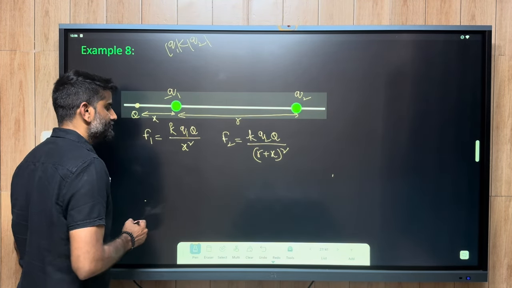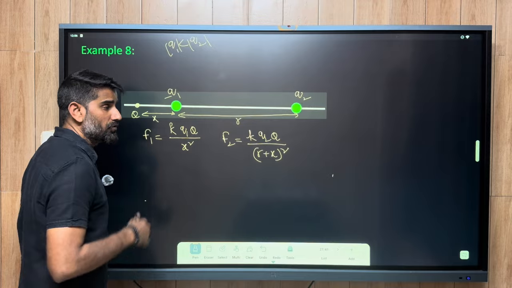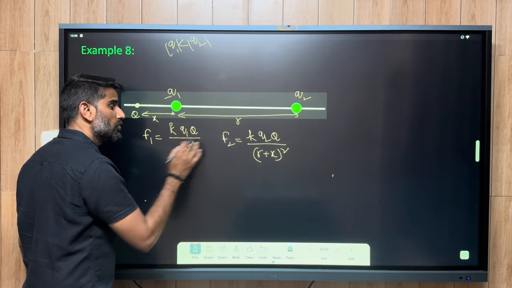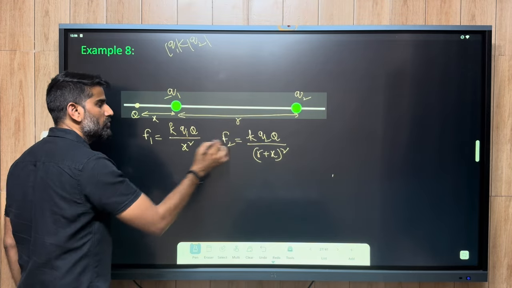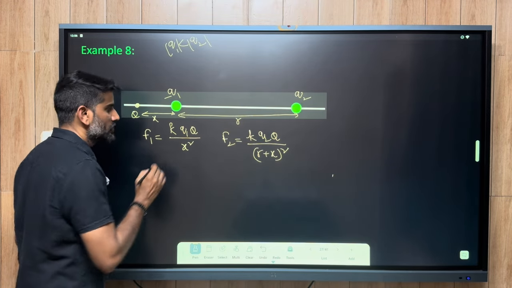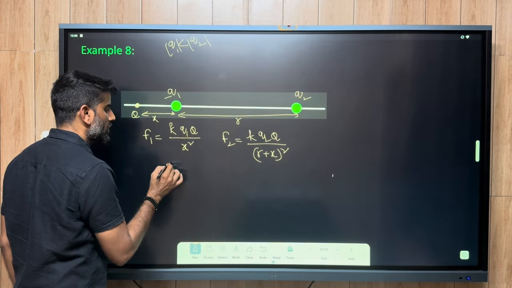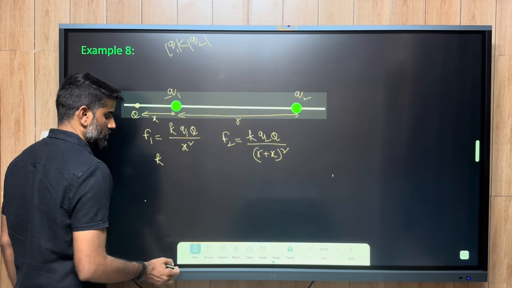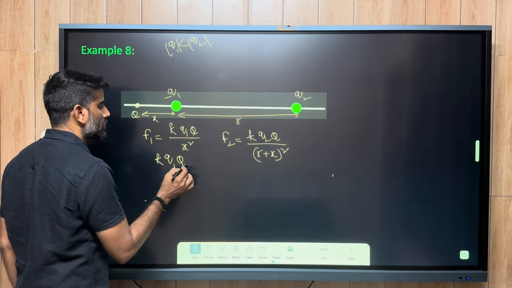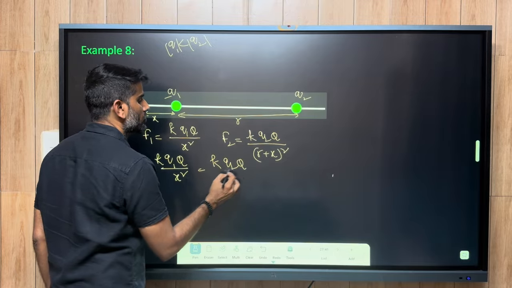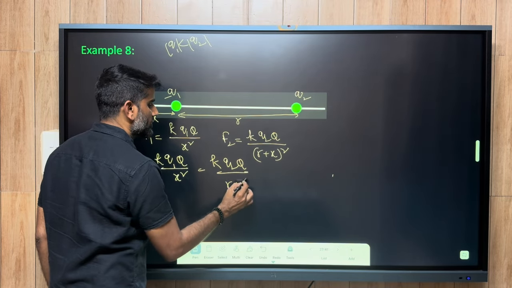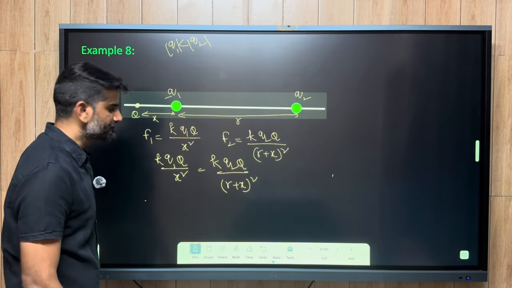Now, for this third particle to be in equilibrium, F net must be equal to 0, which is possible only if the two forces act in opposite directions, as we have already verified, with equal magnitudes. That means we have to equate these two magnitudes. K Q1 Q upon X square is equal to K Q2 Q by (R plus X) whole square.